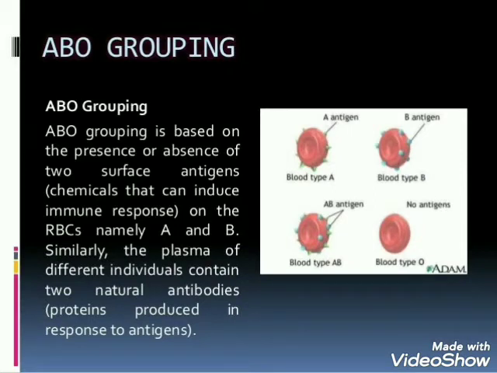Antigens are basically chemicals that can induce immune responses. The plasma of different individuals may lack antibodies or have one or two different types of antibodies. So this is how the ABO blood grouping occurs.